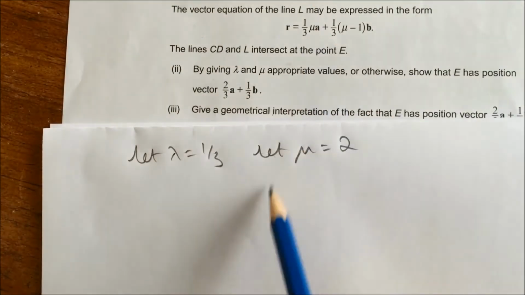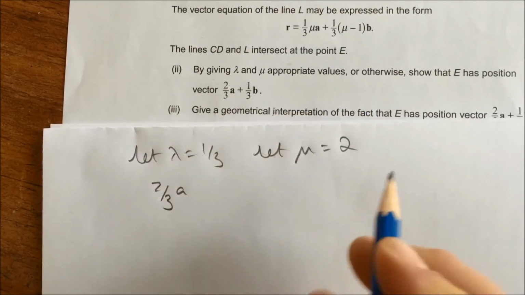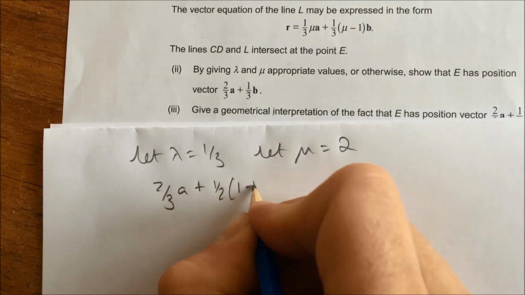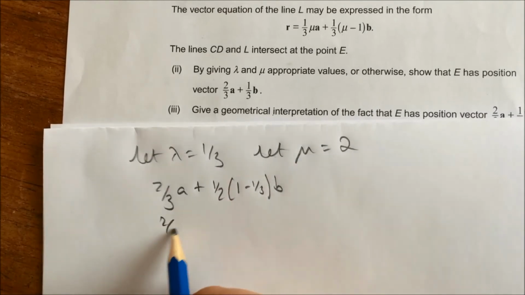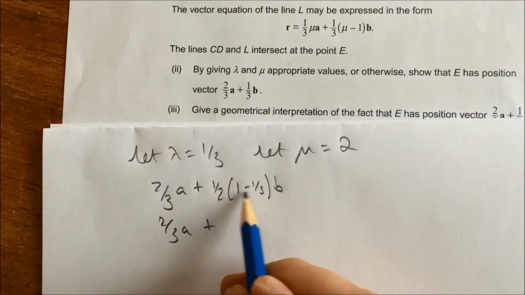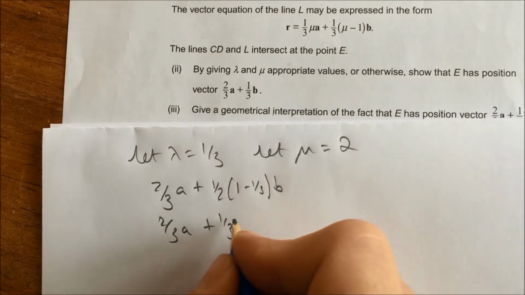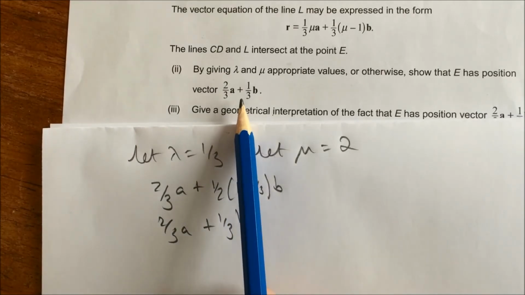So if lambda is 1/3, I'm going to get 2/3 A plus a half 1 minus 1/3 B, which is 2/3 A plus 1 minus 1/3 is 2/3, a half of that is 1/3, 1/3 B. Now, it's no coincidence that that is what they've asked for there.